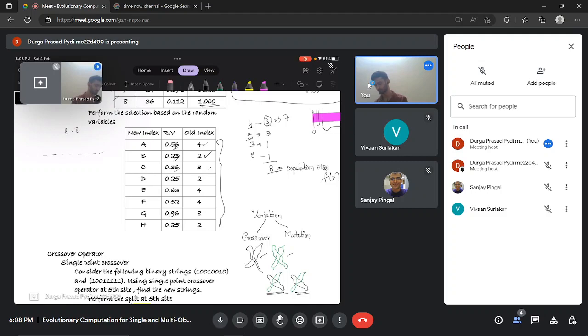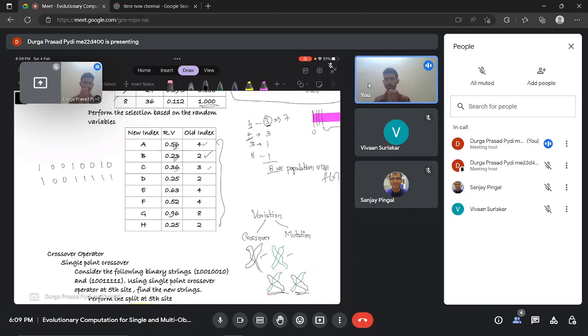We'll just use this number: 1 0 0 1 0 0 1 0. Even in this case, you need to identify where to do the crossover. For the crossover to happen, you need two parents. So you have another number, 1 0 0 1.